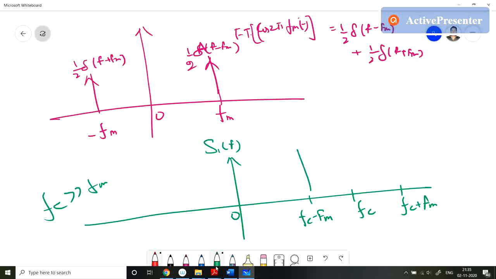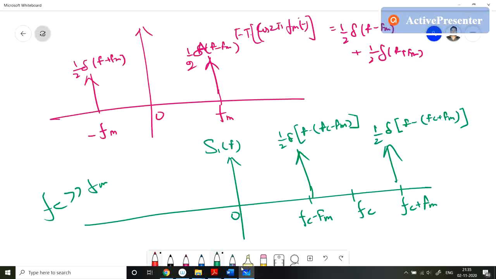Now there are two delta functions, one present at fc minus fm and another at fc plus fm. So this is shifted to fc. We have 1/2 δ(f minus (fc plus fm)), and another delta function is 1/2 δ(f minus (fc minus fm)). This is our delta function.